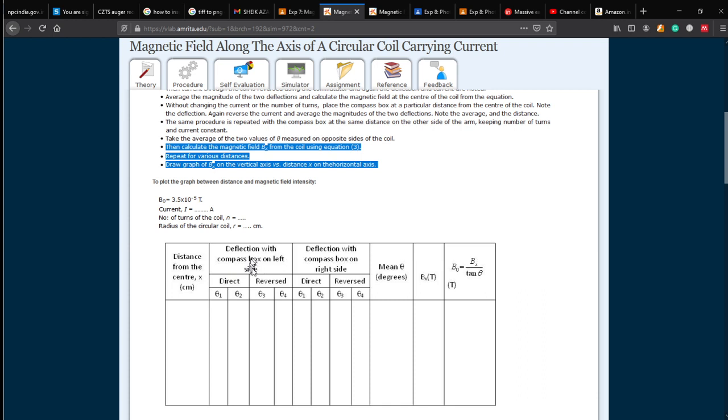If the compass box is on the left side, we have termed this as minus x, and when it is on the right side we have termed it as plus x, or you can term it according to you.